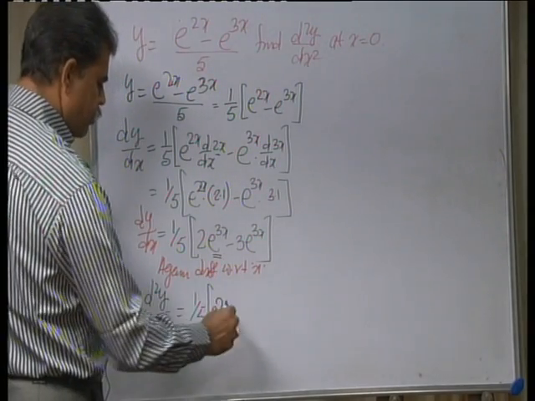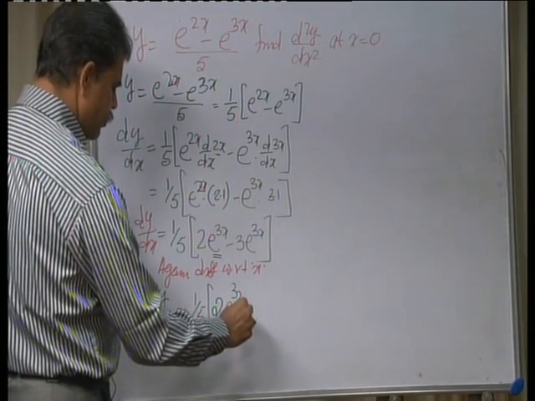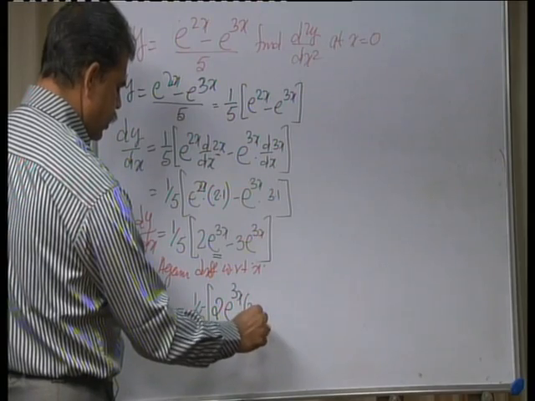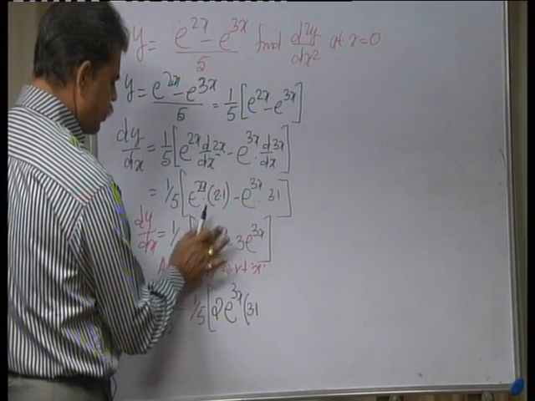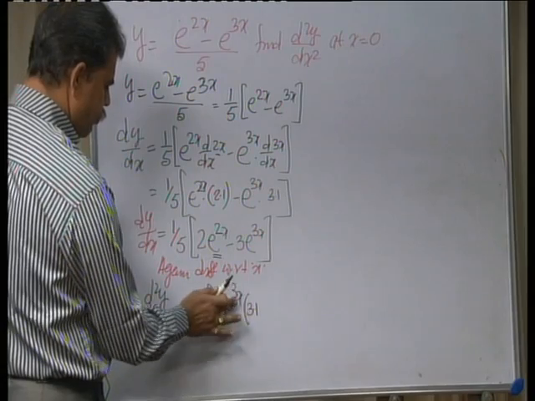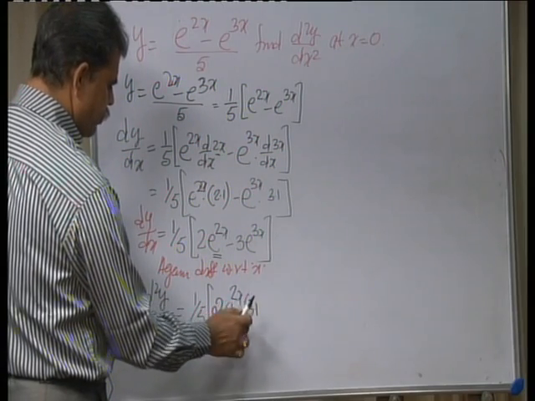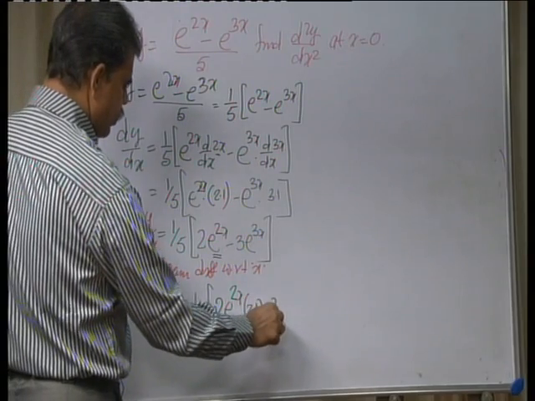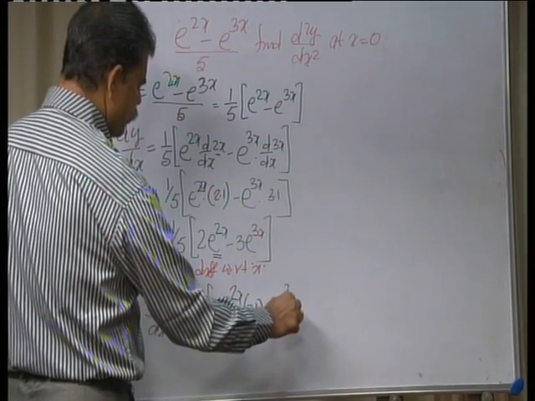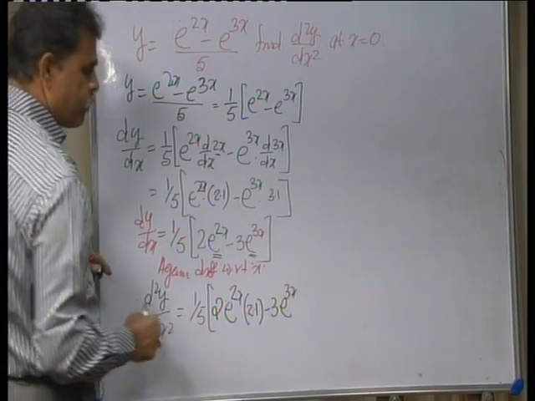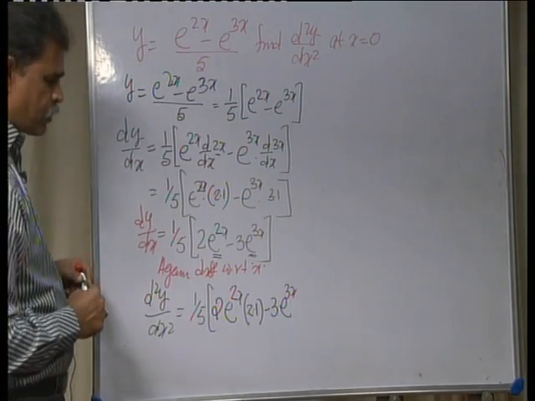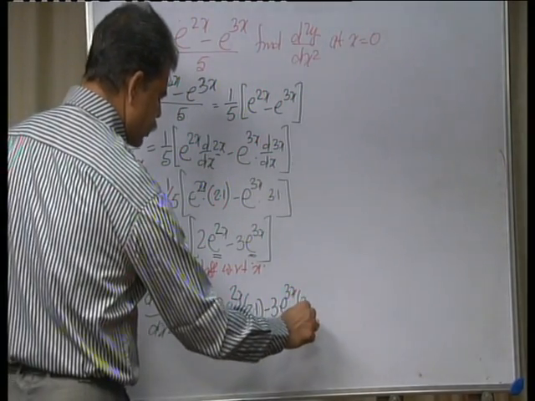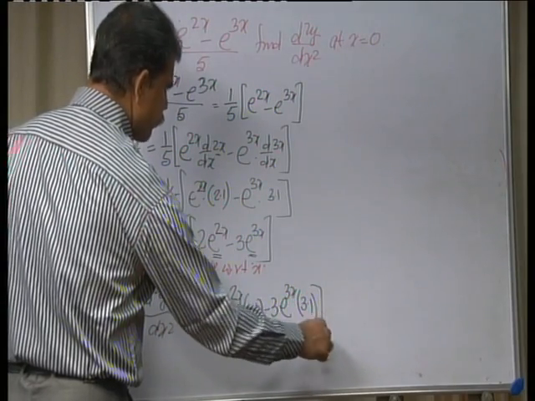differentiation of e to the power of function, e to the power of function into differentiation of the function. Sorry, again this is 2 into differentiation of 2x, which is 2 into 1, minus 3 into e to the power of 3x, differentiation of e to the power of function is e to the power of function into differentiation of function, that is 3 into 1.